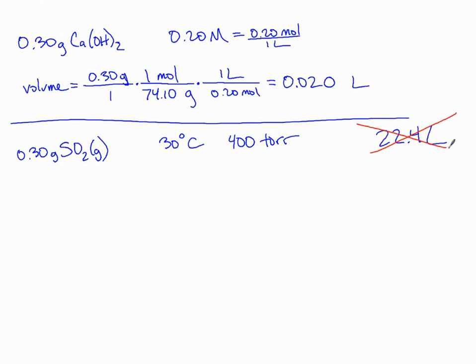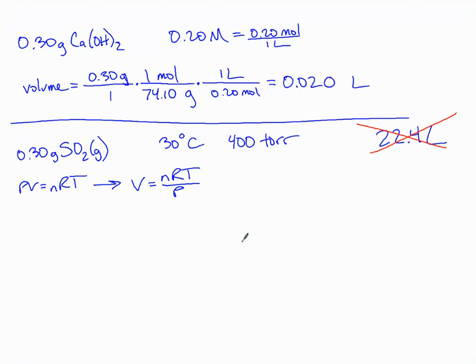It's the ideal gas law. And that is PV equals nRT. We want to know volume, so we divide both sides by P. So here's the formula, and we just have to figure out how things are going to fit into it.